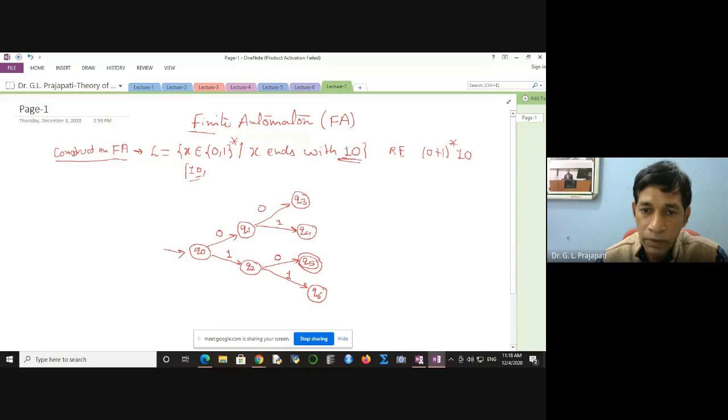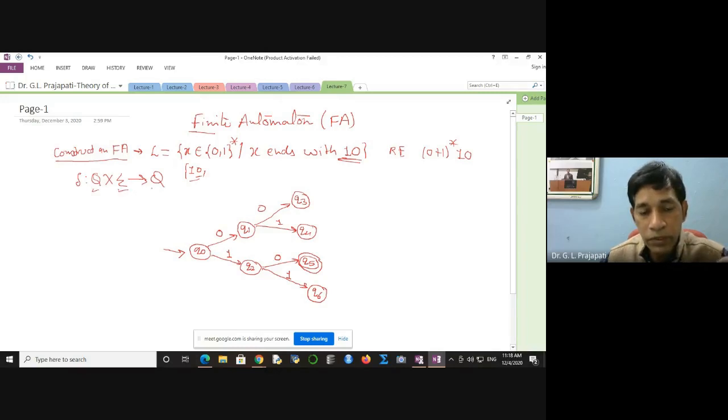I have told you at the beginning that once you have the transition function in the FA, you have this set of Q, and you have the set of inputs, and your machine goes to any one of the states. So from every state of your machine, for every symbol, you have to define the transitions.